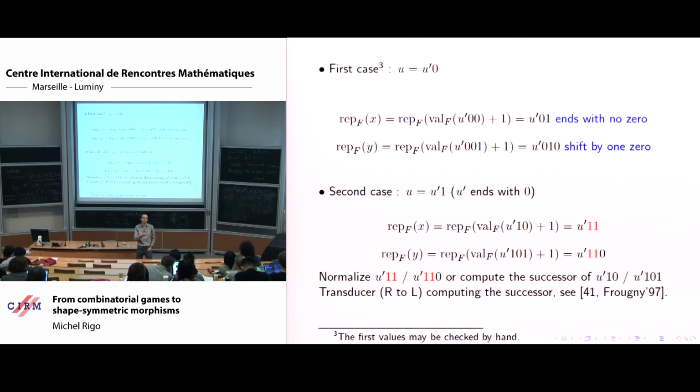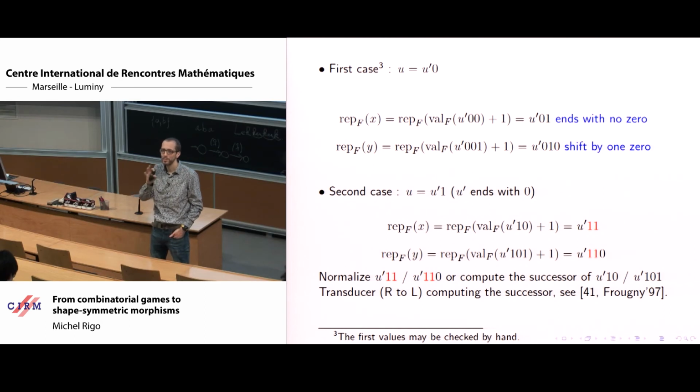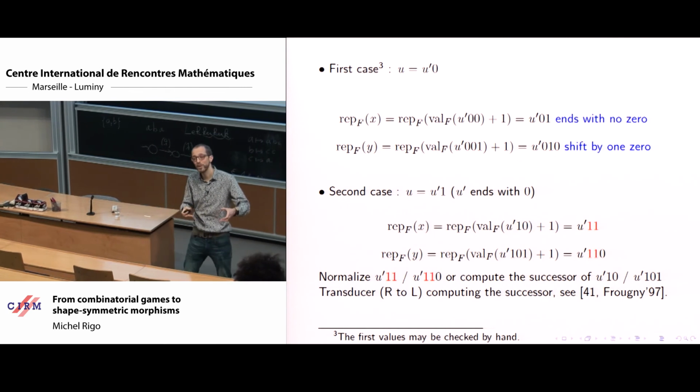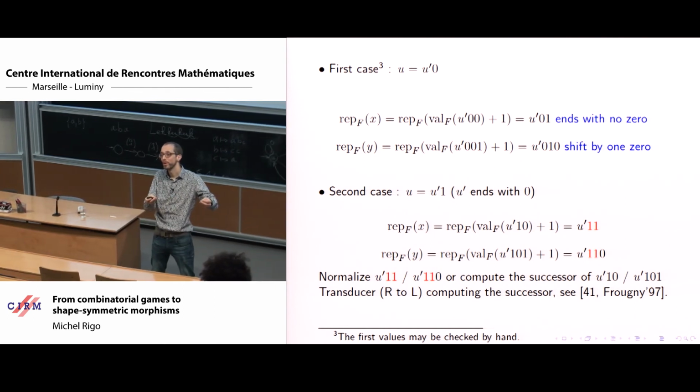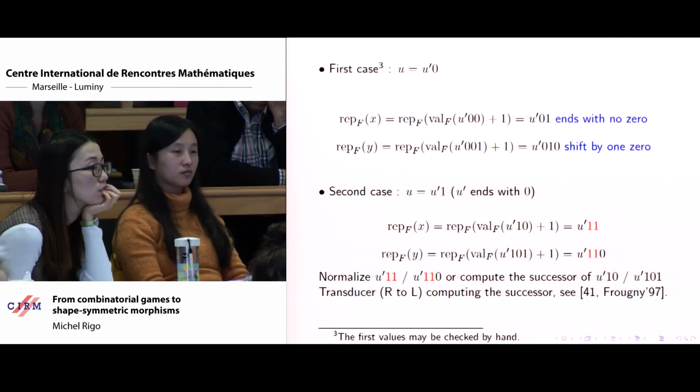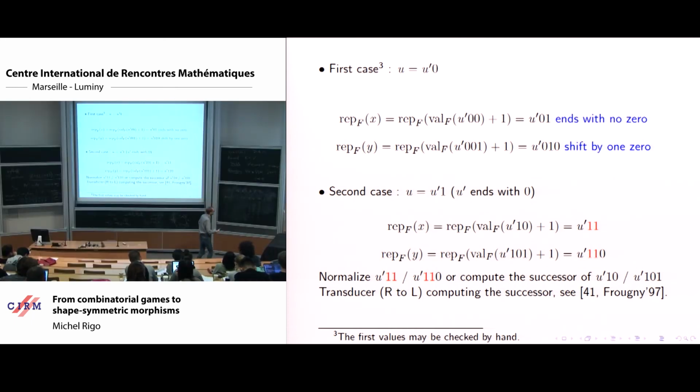You have a transducer, exactly like in Emmanuel's talk. So you have a transducer that you can use. If I give to the transducer a Fibonacci expansion, it will output the Fibonacci expansion of the next integer. So the successor function can be computed by a transducer, reading entries from right to left.